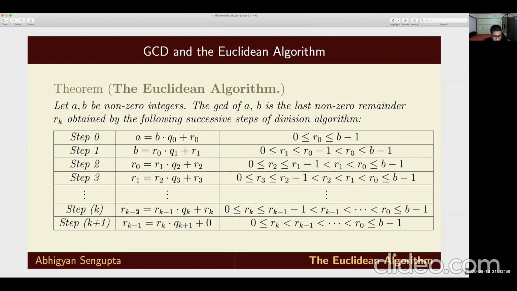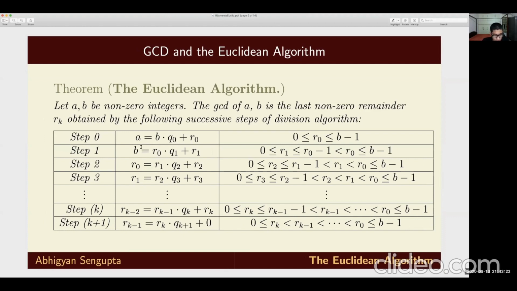With a similar argument, we move on to the preceding step and prove that Rk divides Rk minus 3. Continuing this procedure, we can finally prove that Rk divides both A and B, being the common divisor of A and B.